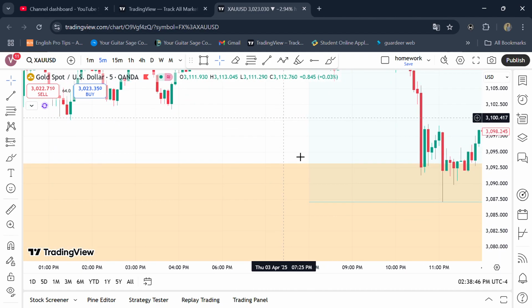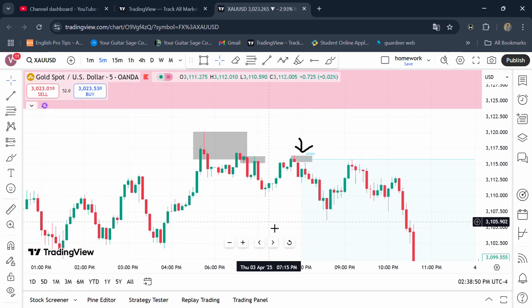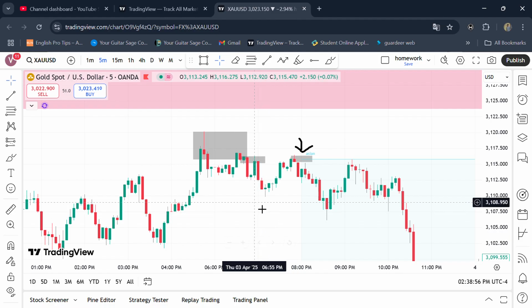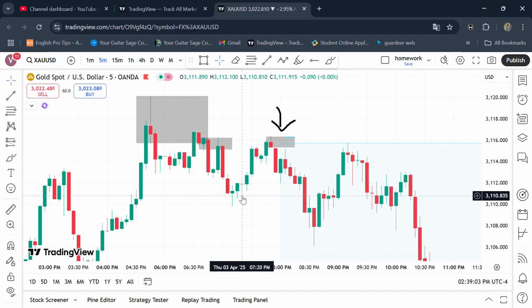The bottom one has a 1 hour POI too. So now your question is, which POI, 1 hour or 15-minute, will be taken? For that, you need to see which POIs are being respected and which are not being respected on lower time frame, especially if you're talking about Asian session.